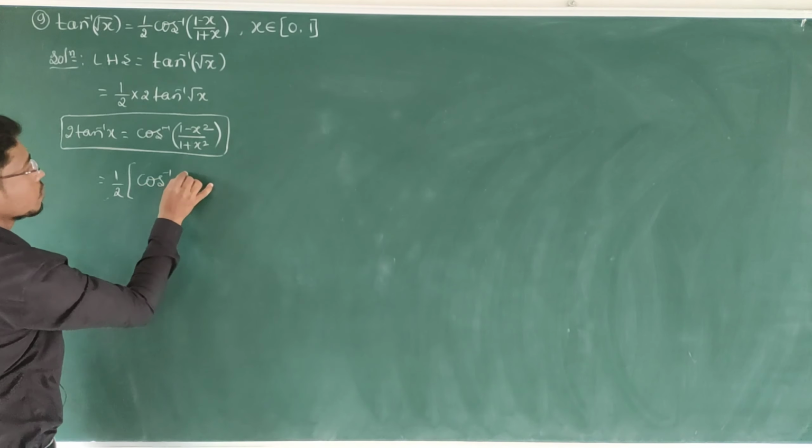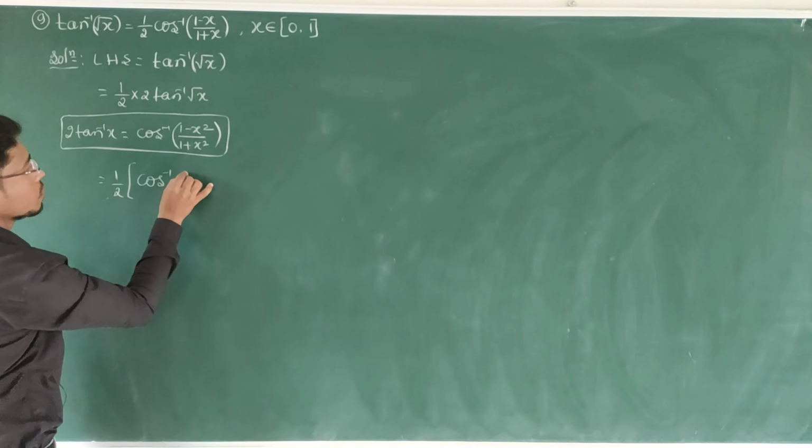Okay, now next question, 10th one: cot inverse of root 1 plus sin x plus root 1 minus sin x, divided by root 1 plus sin x minus root 1 minus sin x, is equal to x divided by 2, where x belongs to 0 comma pi divided by 4.